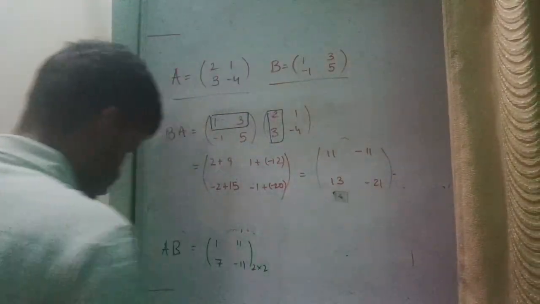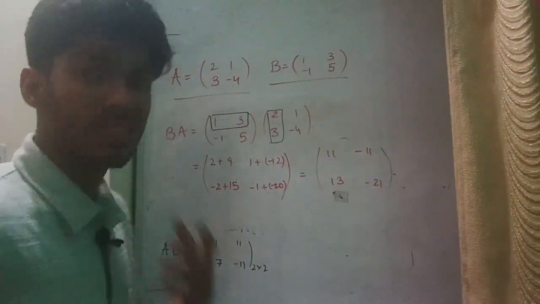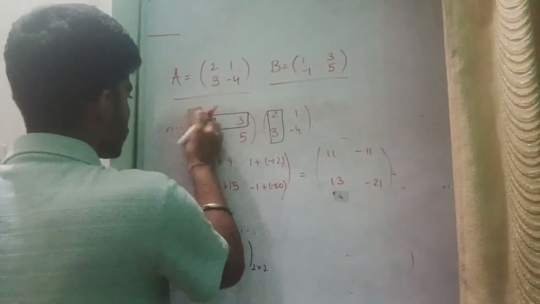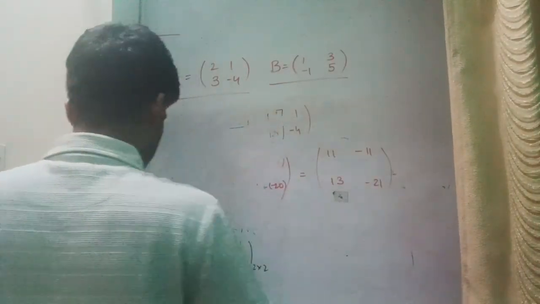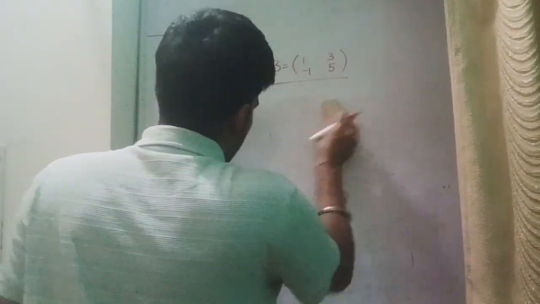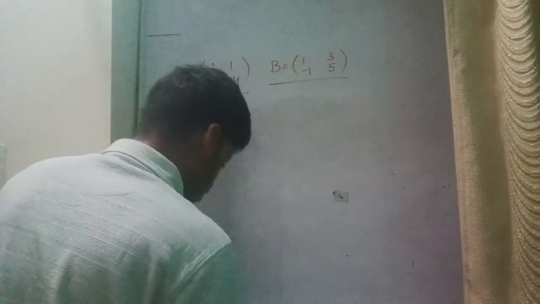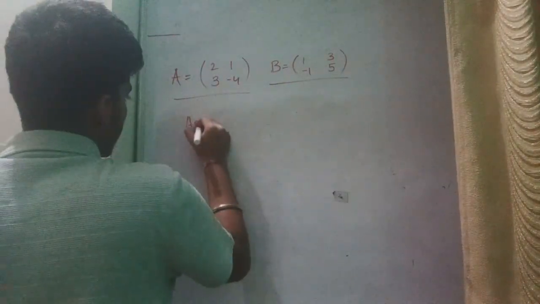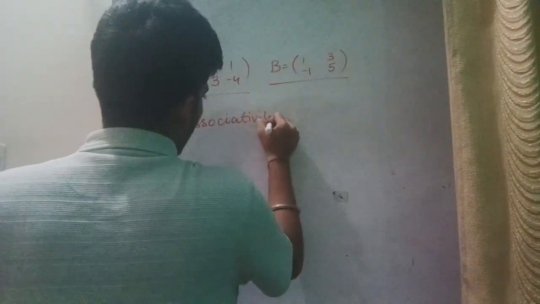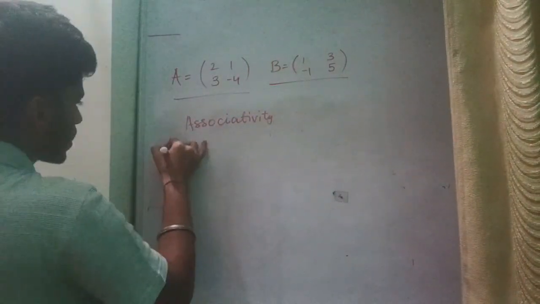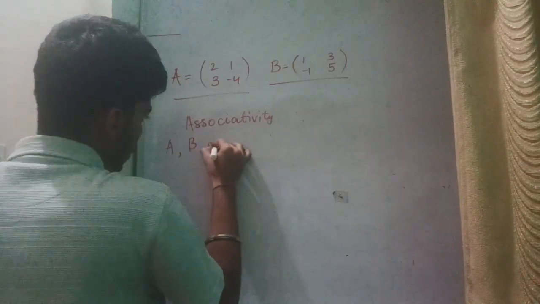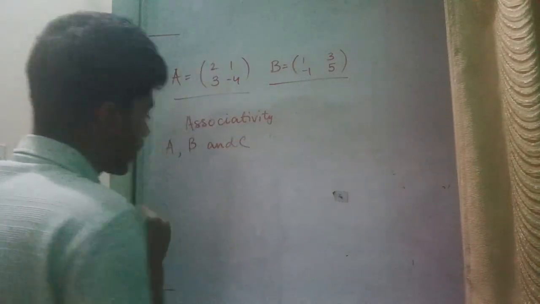So if it's not commutative, let's talk about associativity. If I talk about associativity of matrices, let's say I have a matrix A, this is a matrix B, and there's a matrix C, right?